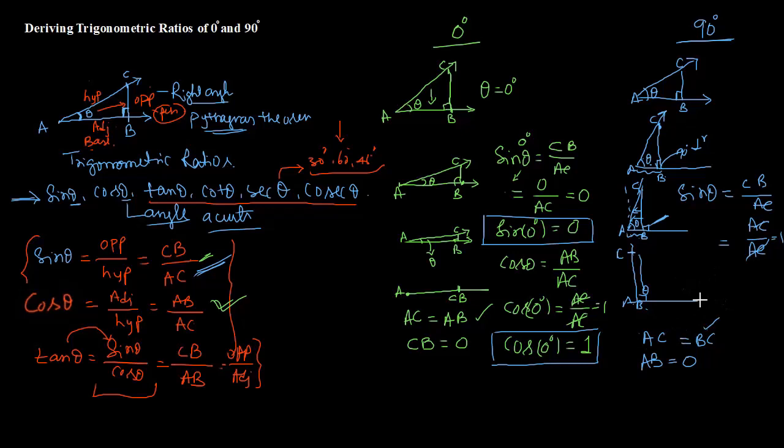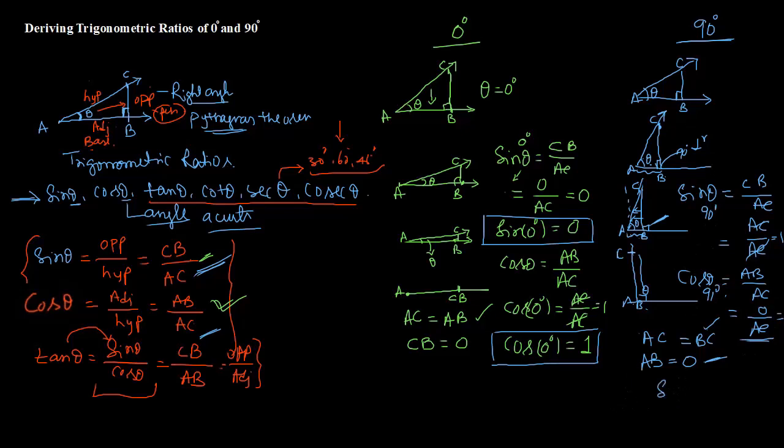And cos theta is AB by AC. Now AB is 0, so it is 0 by AC. Whatever value we take for AC, that's actually going to be 0. So this is 90, and that is 90.